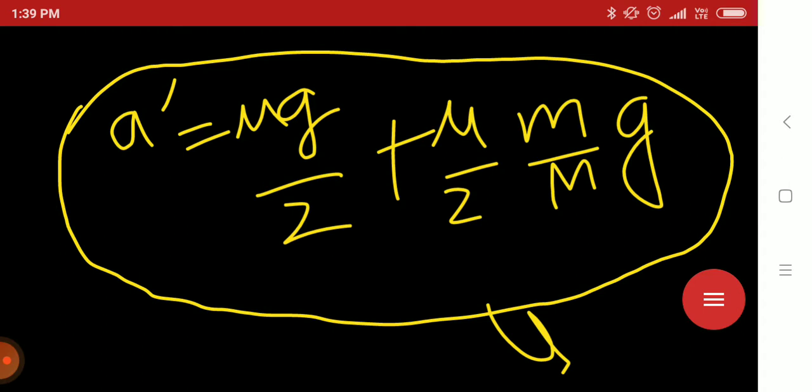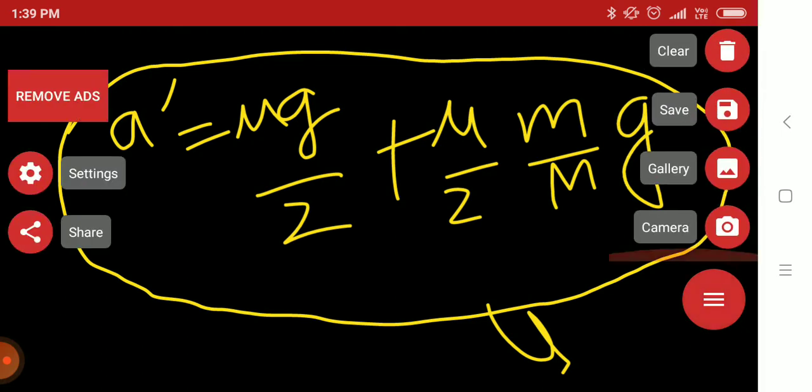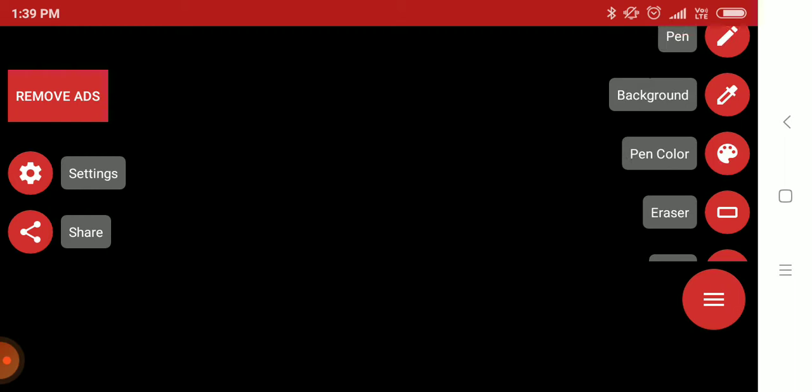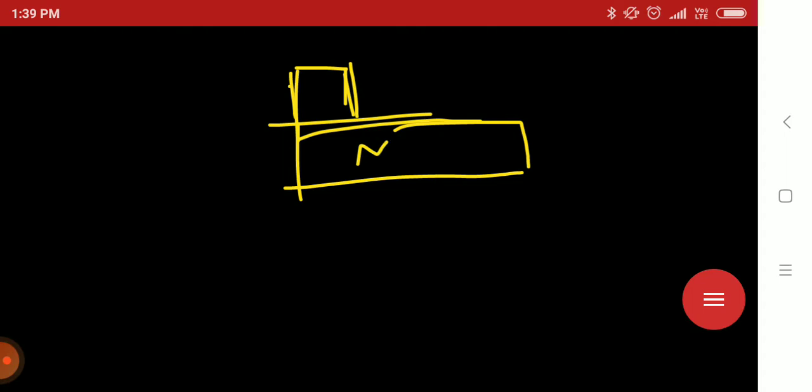Now what will be the time for the small mass m to separate from capital M? So now for the time, we have to check one thing here. This is capital M, this small mass m.